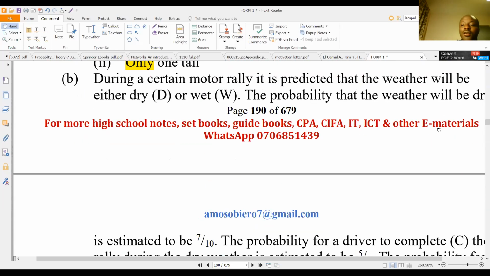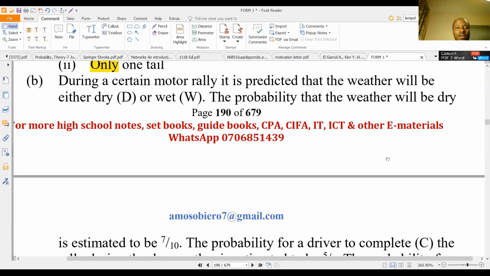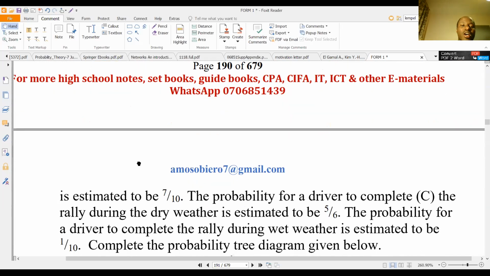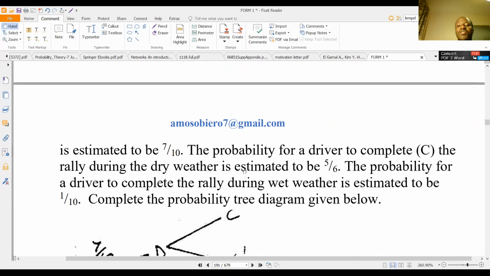So they're saying, during a certain motor rally, it is predicted that the weather will be either dry, D, or wet. The probability that the weather will be dry is estimated to be 7 over 10, and the probability for the driver to complete the rally during dry weather is estimated to be 5 over 6.